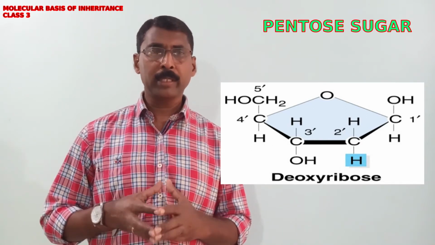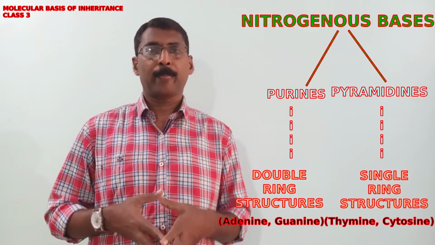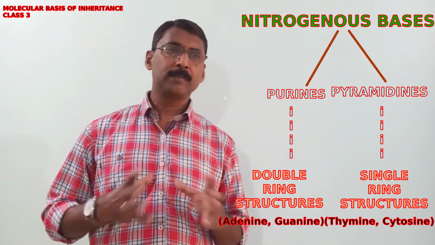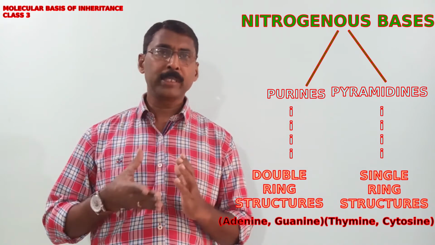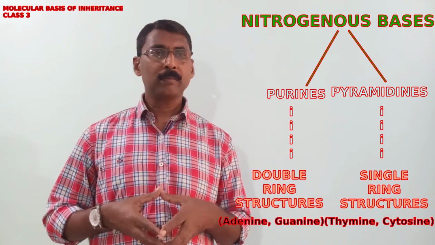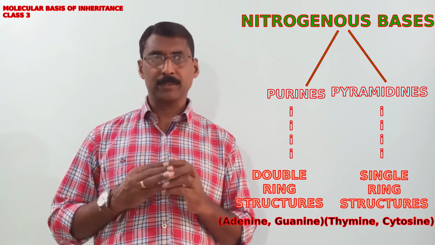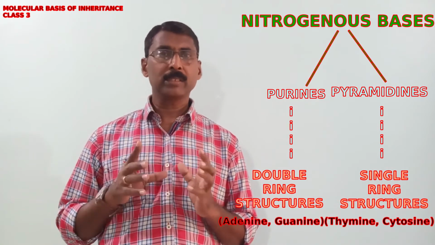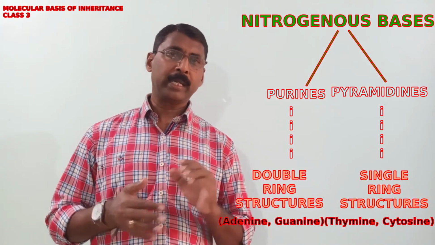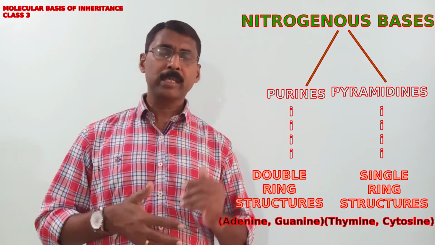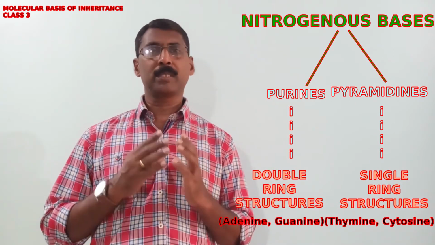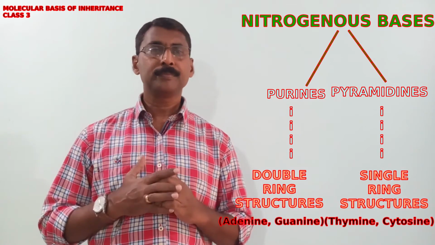Now the second component is a nitrogen base. Nitrogen bases are of two categories, purines and pyrimidines. Purines are double ring structures; they have a benzene ring attached to an imidazole ring, so two rings are present in their skeleton.